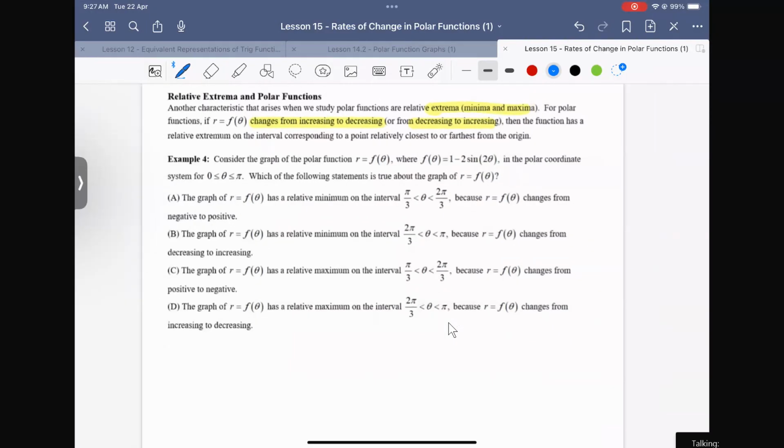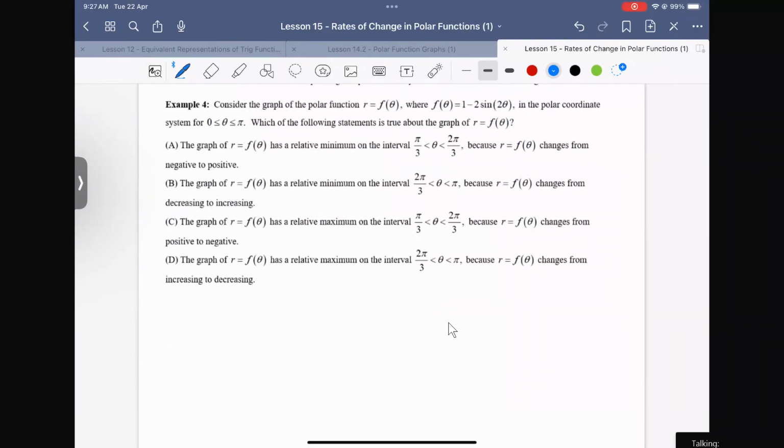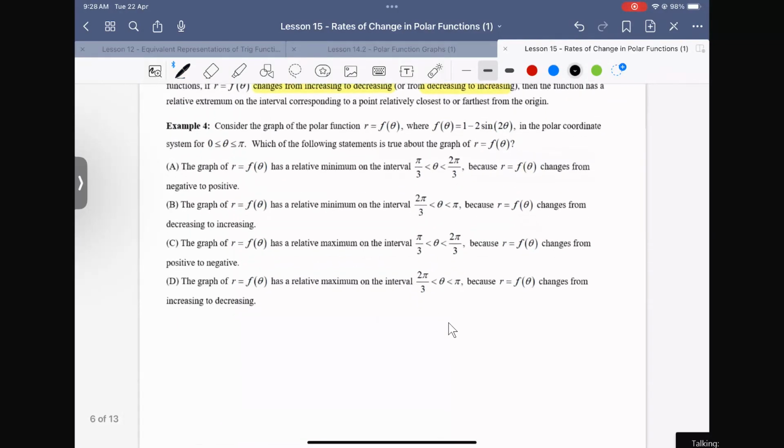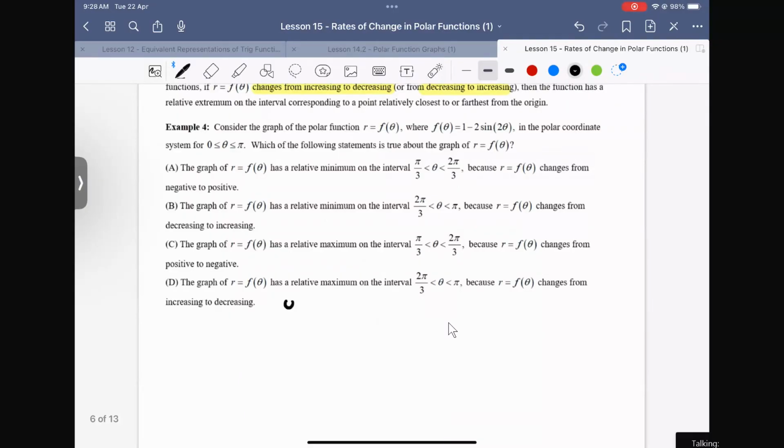Let's have a look at the question. So if we consider the graph 1 minus 2 sine 2 theta in the polar coordinate system from 0 to pi, which of the following statements is true? So we are only looking at from 0 to pi, so we need to solve and sketch for this graph. So we want to sketch y equals 1 minus 2 sine 2x.